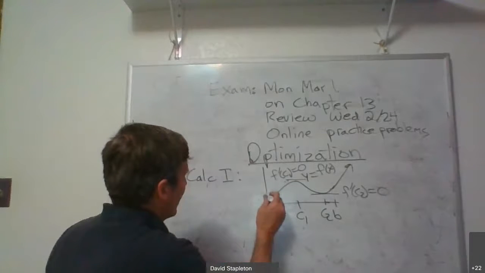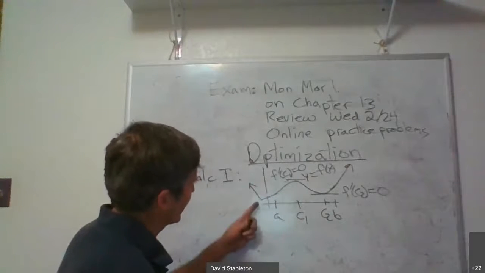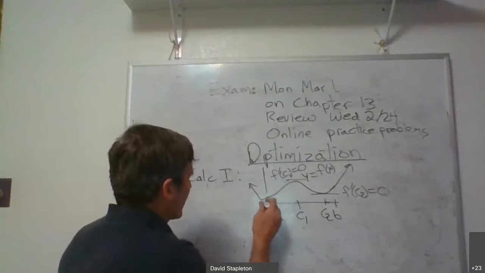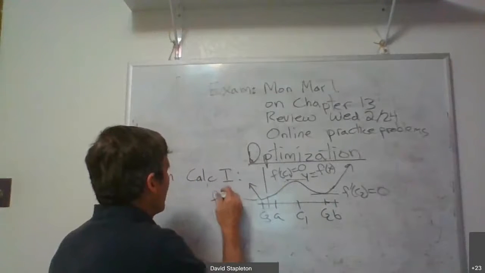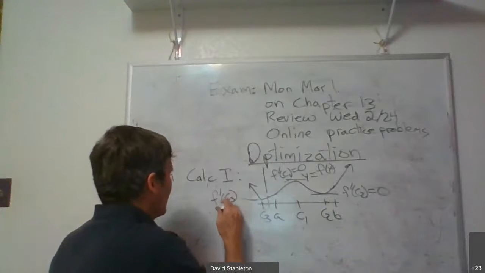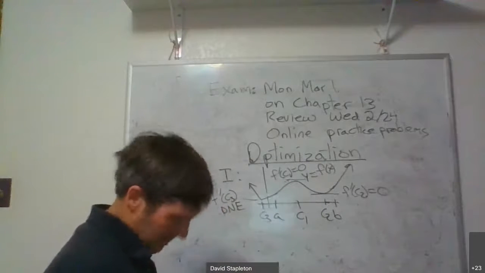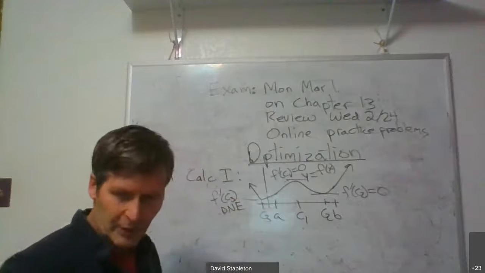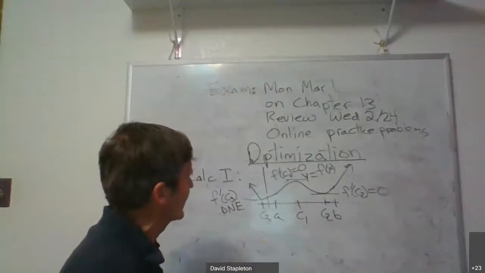Over here, you can have some point like that. Here's a corner where the derivative fails to exist. Here's a local minimum here, so we can call this c3 a critical point, where f prime of c3 does not exist.